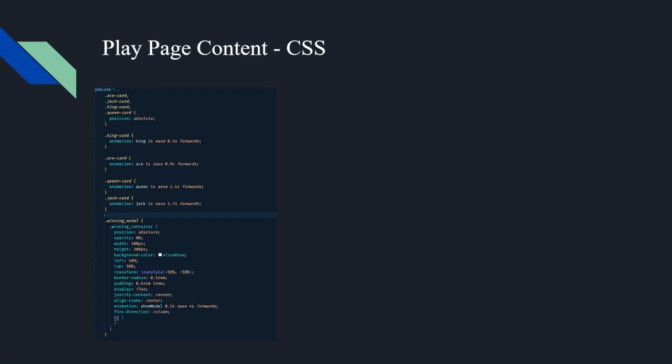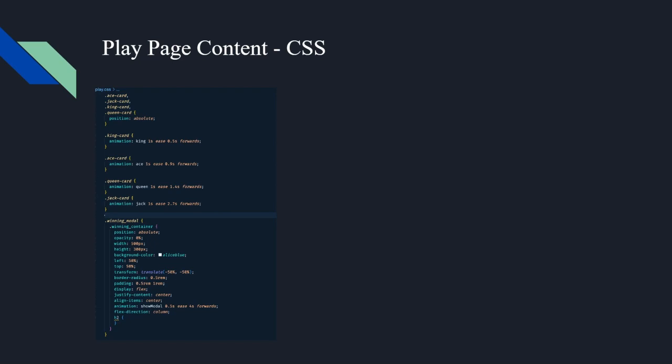So looking at the CSS page, all the player cards are position absolute, so we can put them under the deck of cards. And then looking at the card over there, it has an animation. For example, the king card, the animation starts after 0.5 seconds of the page load. The ace card, the animation starts after 0.9 seconds of the page load.